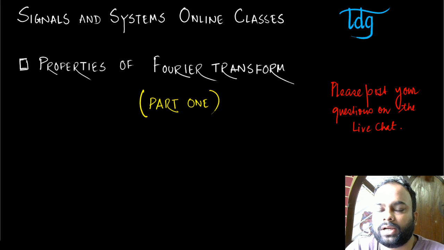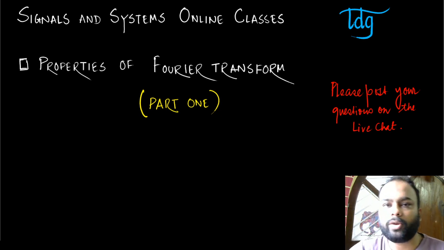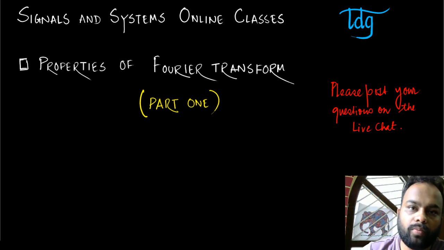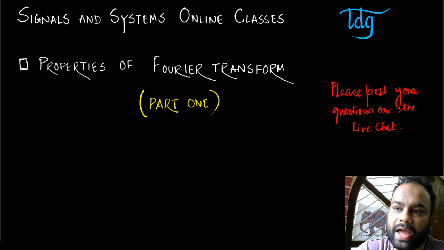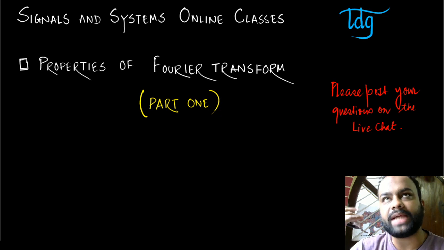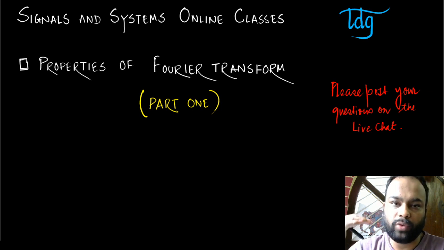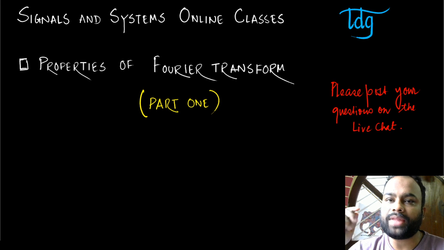Because in any signals and systems course, you need to study all the different properties of Fourier transform, because those are going to be of utmost importance later on. Once you are familiar with those properties, you shall understand that in many situations, if you are calculating the Fourier transform of something, and you are aware of all the properties, then the amount of calculation you have to put in is greatly reduced.